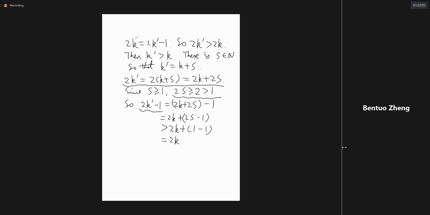So that is, 2k prime minus 1 is greater than 2k. But if you look at the top, in the beginning, you get 2k is equal to 2k prime minus 1. This contradicts 2k is equal to 2k prime minus 1.